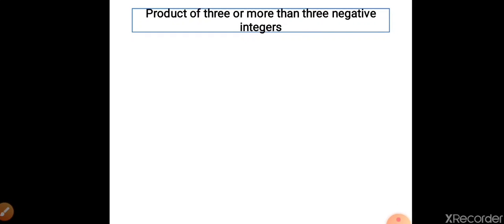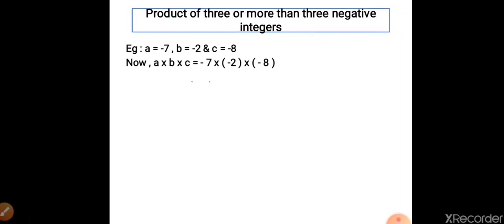Up to the next rule. Before proceeding with the next rule, I want all of you to look into the product of 3 or more than 3 negative integers in a broader way. And how are we going to do that? Simple, by taking examples. So here we have 3 integers, minus 7, minus 2 and minus 8. When we multiply them together, the result we get is minus 112.